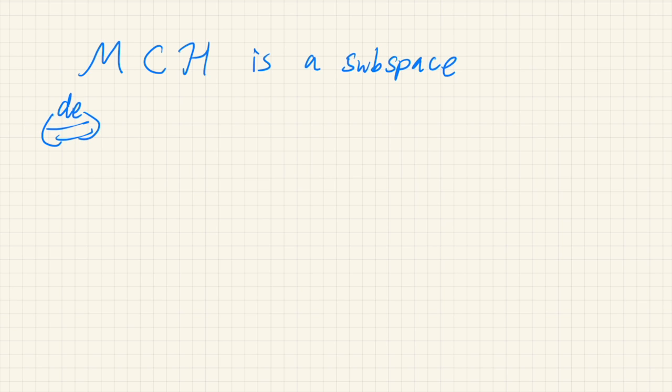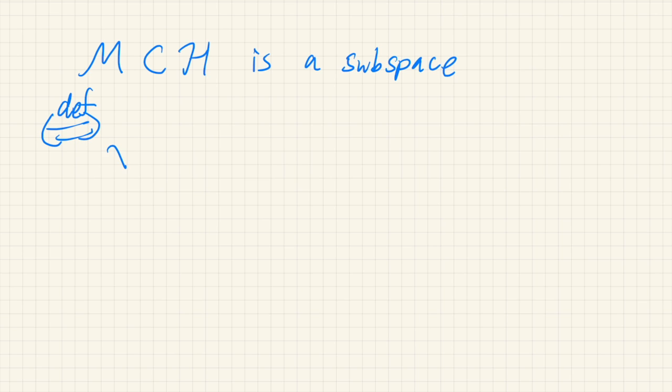So first, let's define what a subspace means. A subset of a Hilbert space, let's call the subset M, is a subspace. This means the following.